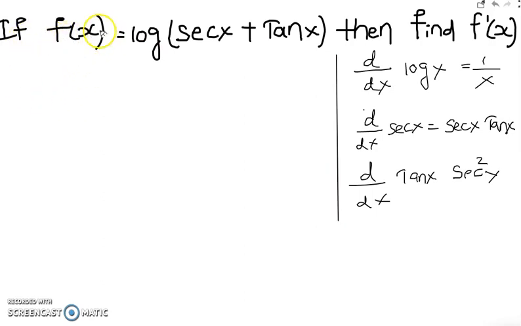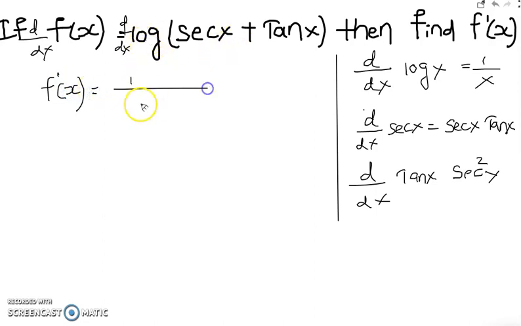If f is equal to this, differentiating with respect to x, d by dx is equal to d by dx. f dash of x is equal to d by dx of log x, which is nothing but 1 by x, that is 1 by (sec x plus tan x).